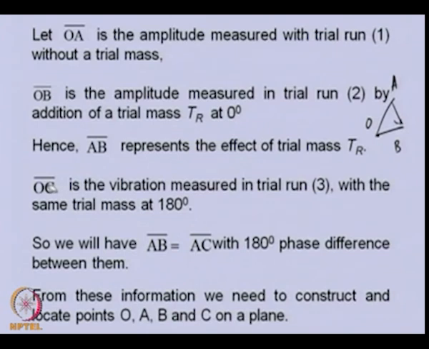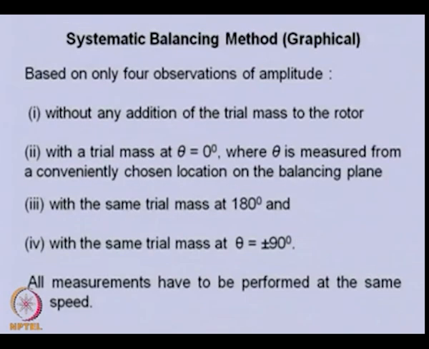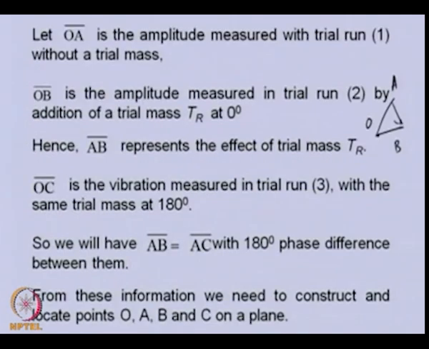Similarly, the third measurement, when we are keeping the same trial mass at 180 degree, let us say that is OC. So, this is the vibration measured in trial run 3 with the same trial mass kept at 180 degree.